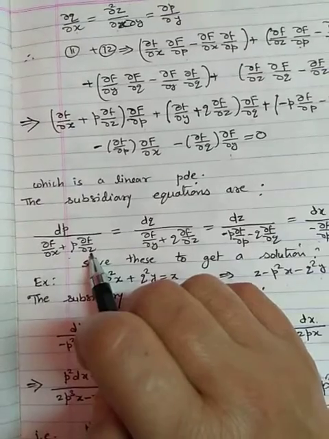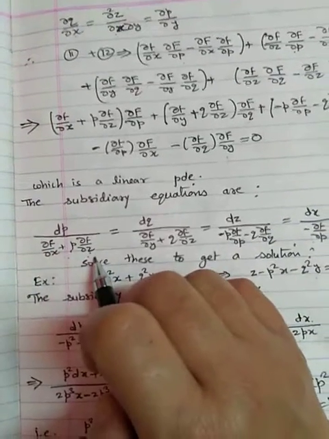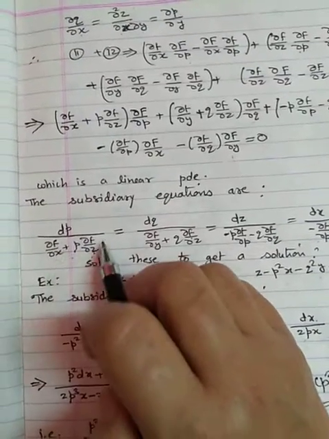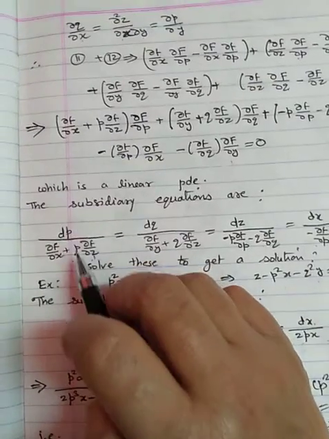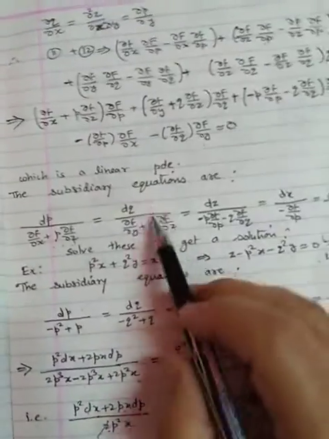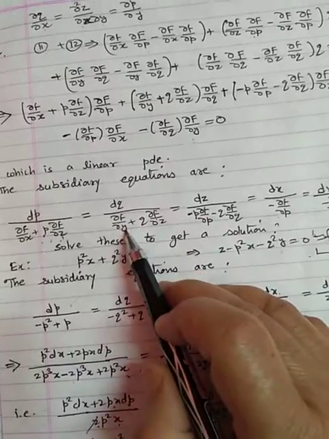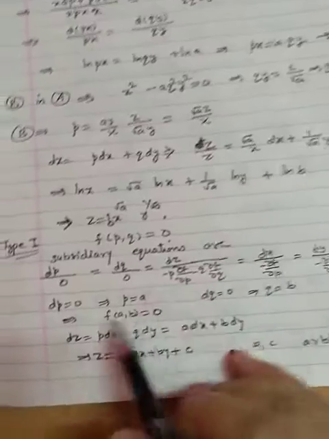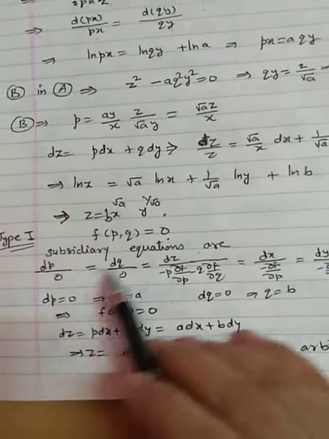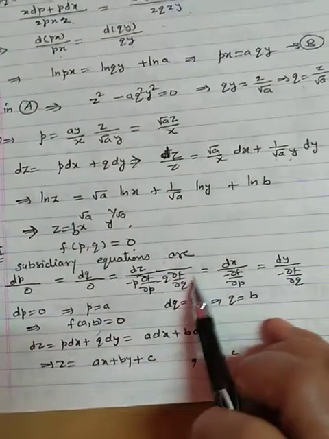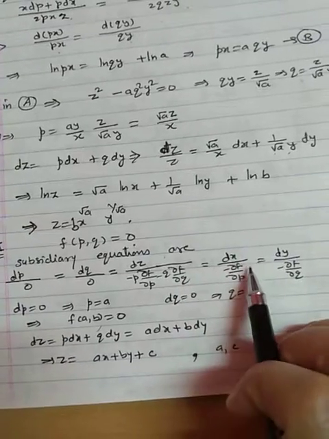Now in f, x and z are not present, so del f upon del x and del f upon del z are 0. So we have dp upon 0. Similarly, we have dq upon 0 because in f, y and z are not present. So the subsidiary equations are dp upon 0 is dq upon 0 is dz upon this is dx upon this, and this is dy upon this.